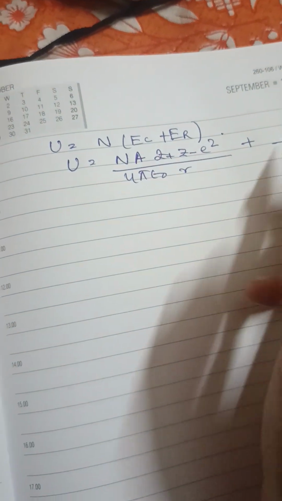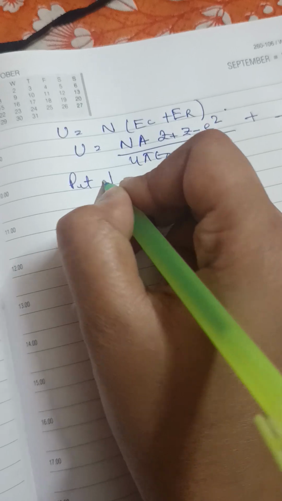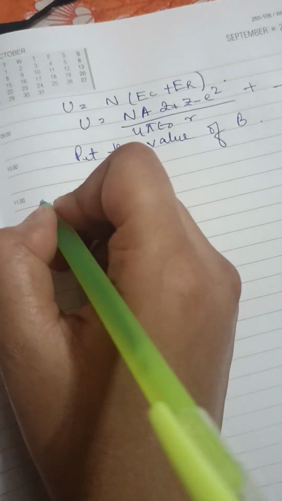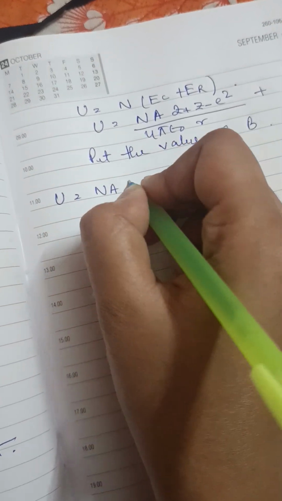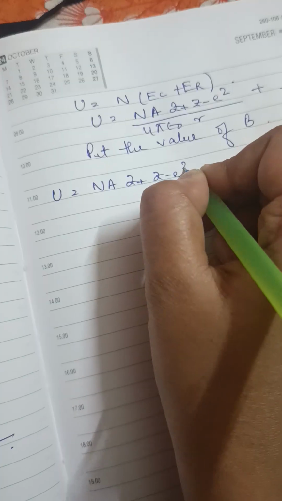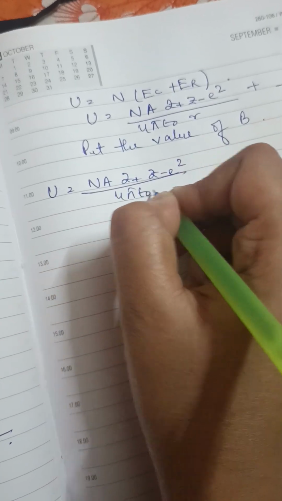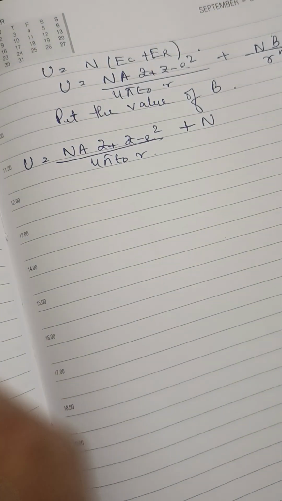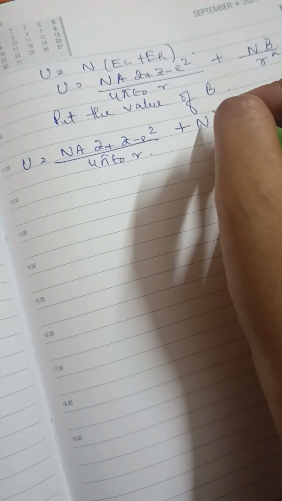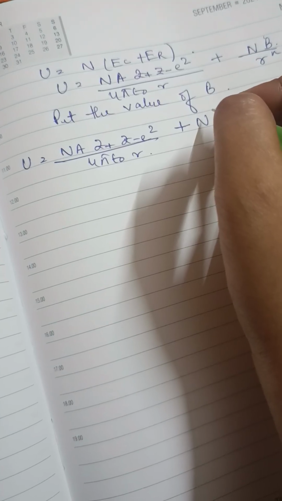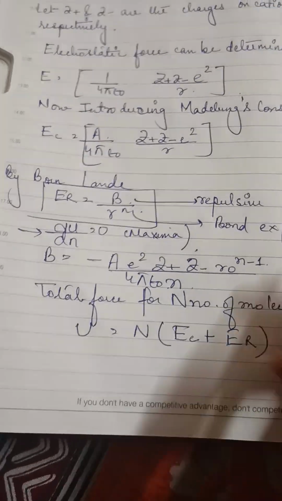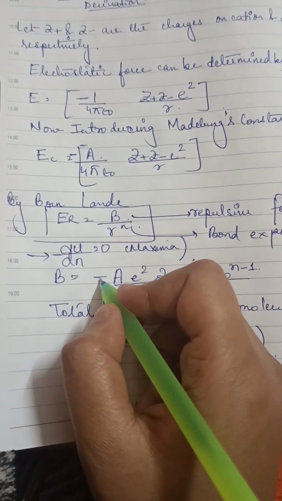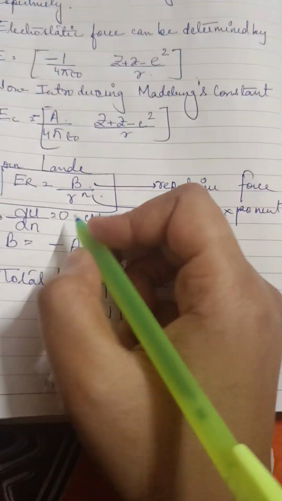Now put the value of B. One thing, this is a minus component, I forgot to say that, and B is the positive component.